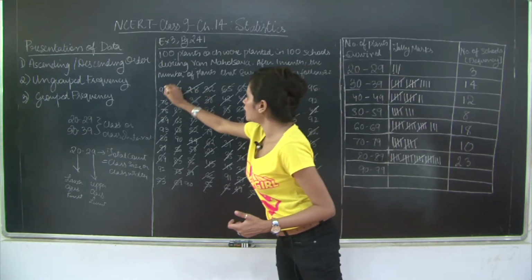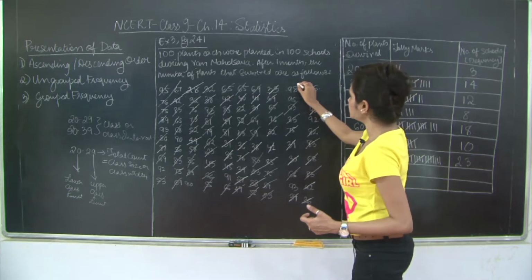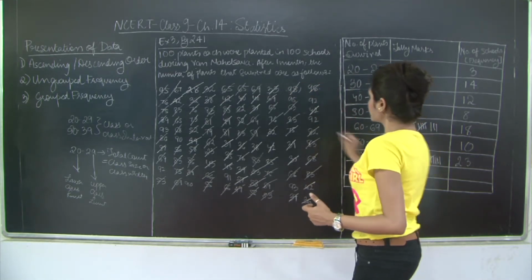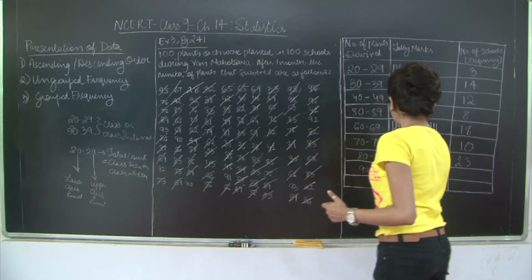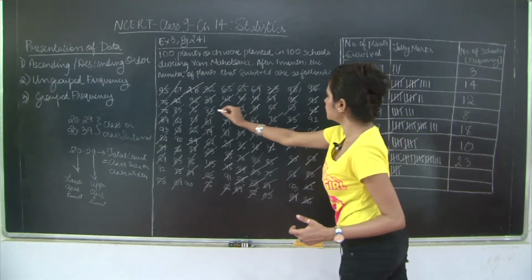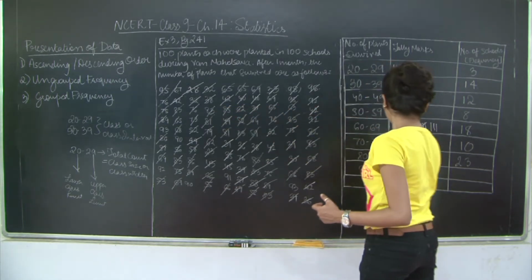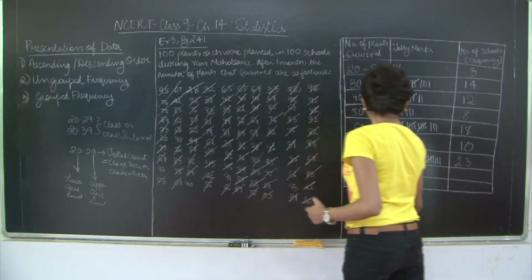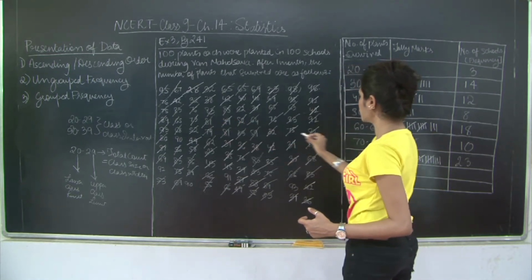So let's start. You have 95, then you have 98, 2, then you have 96, 3, then you have 95, 4, 92, 5. Let's start again. In this row, none. In this row, we have 1. Then you have 2. Nothing here.